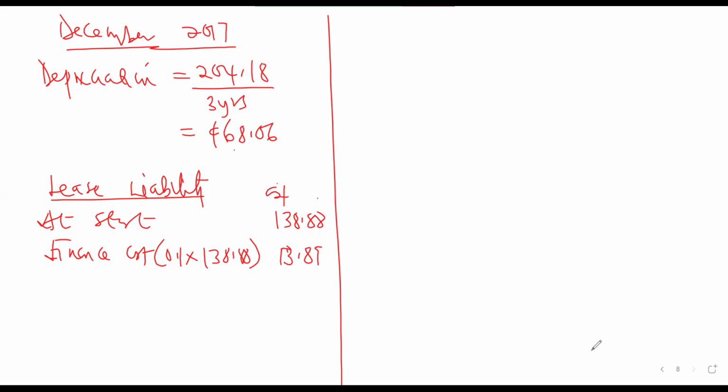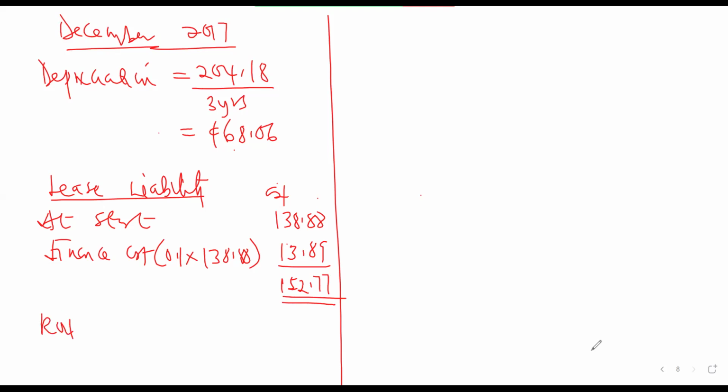So lease liability at the end of this year, 13.89, we add to the 138.88. I'm having 152.77.